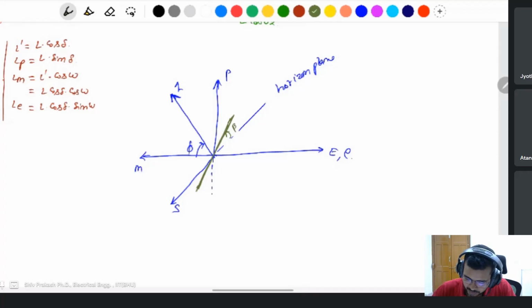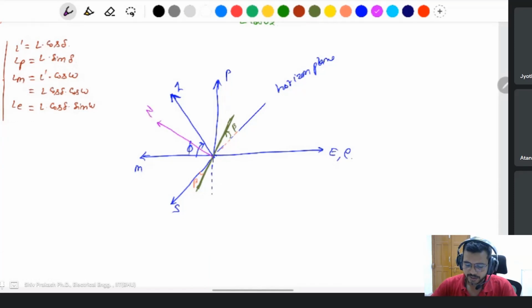Look here: this angle is beta, then this angle will also be beta, and this will be the normal to the surface, the normal axis, with the tilted angle.